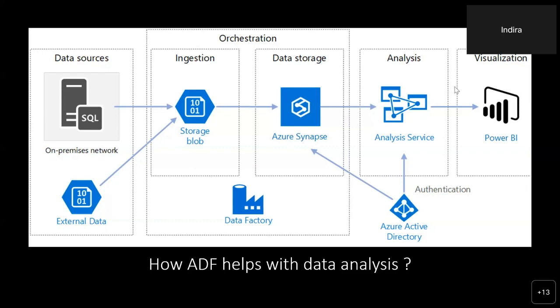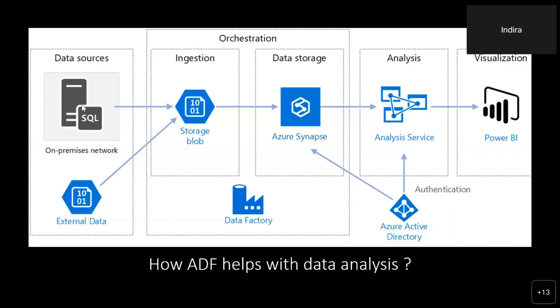So in the graphic that you are seeing here, what is happening here? The data sources can be either on premises in the company that you are working for, or it can be external data, which can be from the web, or Excel file, or any cloud data.